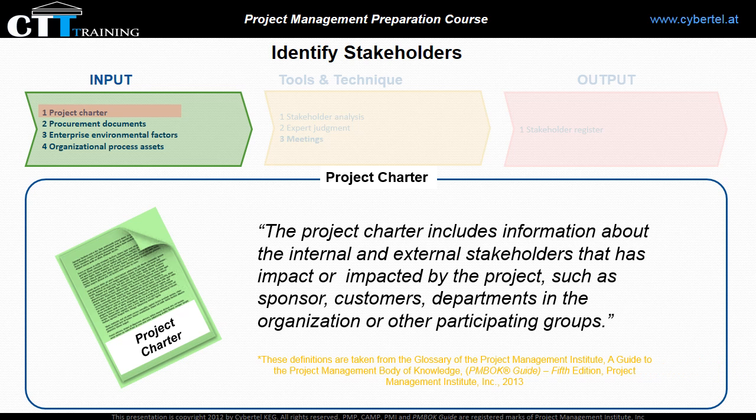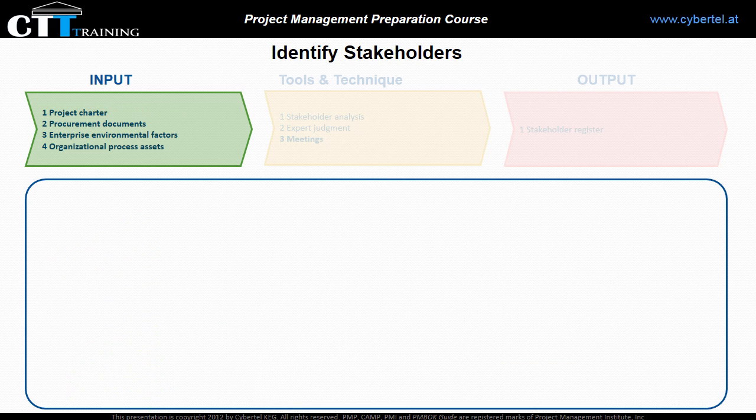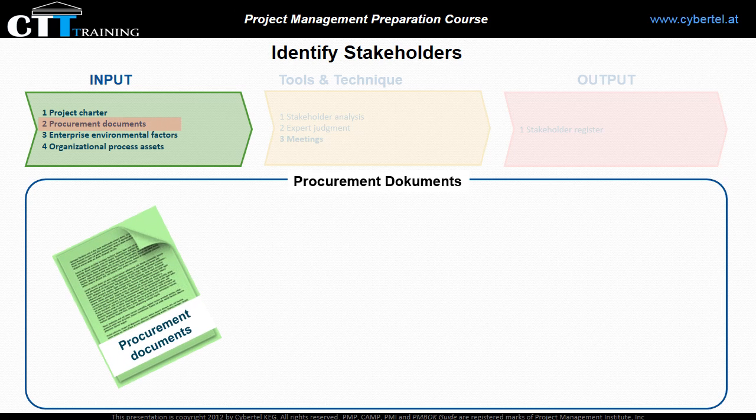The project charter includes information about the internal and external stakeholders that have an impact or are impacted by the project, such as sponsor, customers, departments in the organization, or other participating groups. The second input is procurement documents.